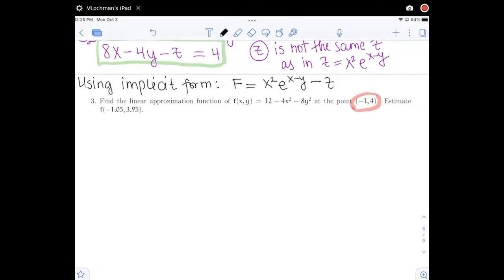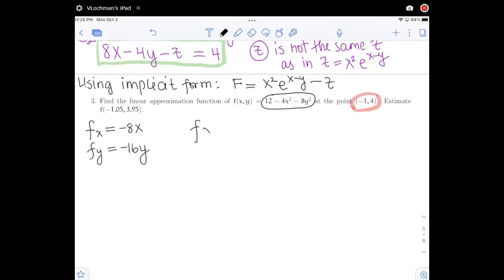So what do I have here? I have my function. I'm going to compute the first partial with respect to x. I'm working with this one right here, so this would be -8x. My first derivative with respect to y now is -16y.